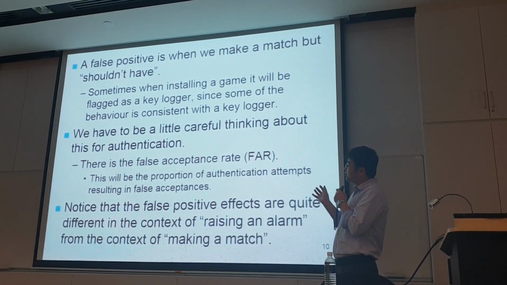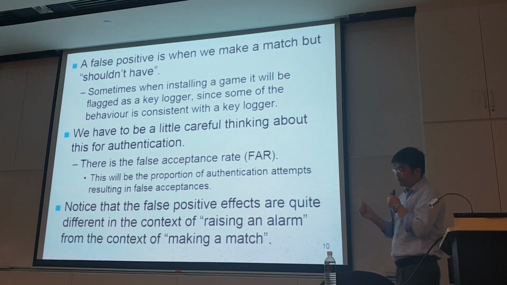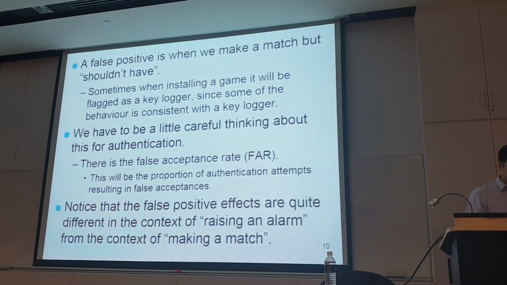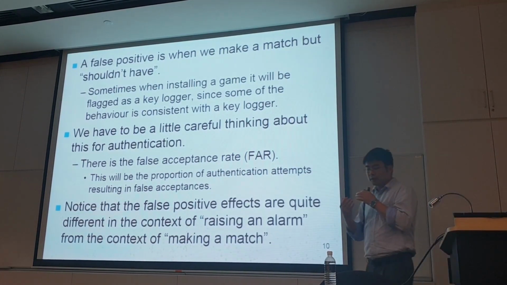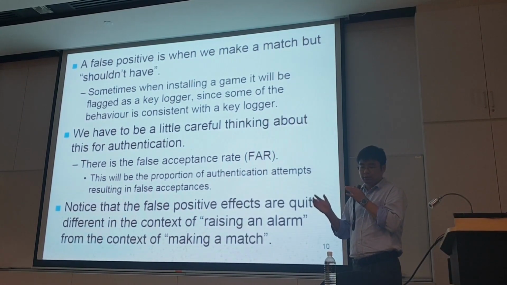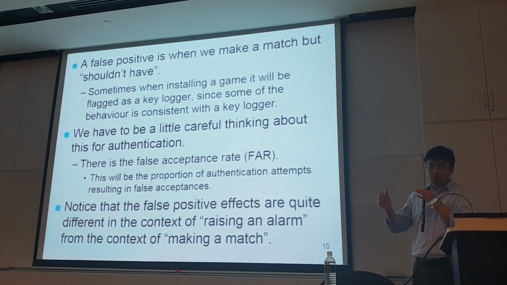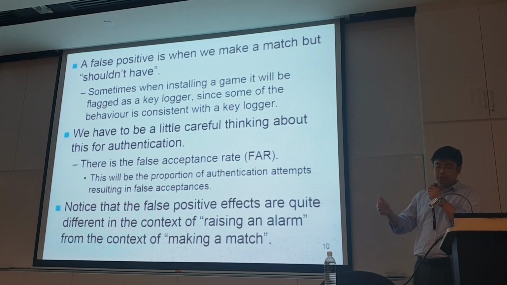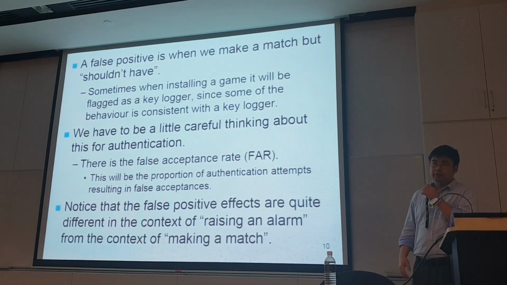We will see why this can happen, for example, in password-based authentication. In biometrics, this can also happen if the system is not really accurate. In biometric authentication, usually you need to do a registration. For example, you register your fingerprint or your face, right?